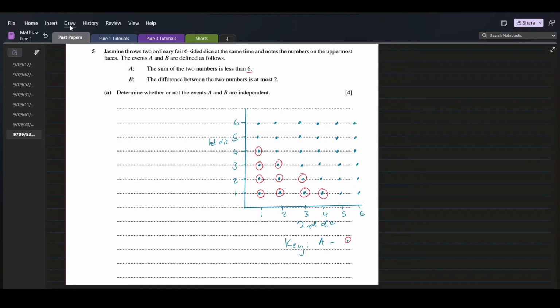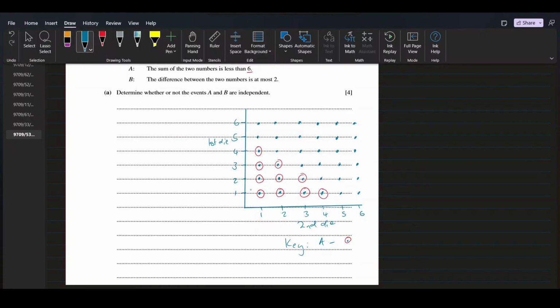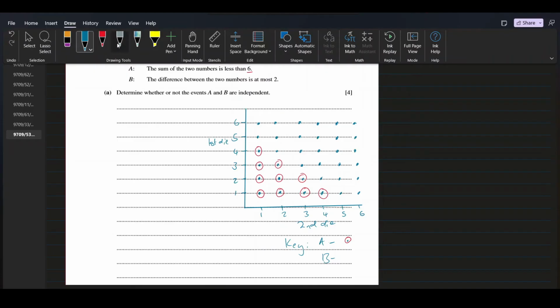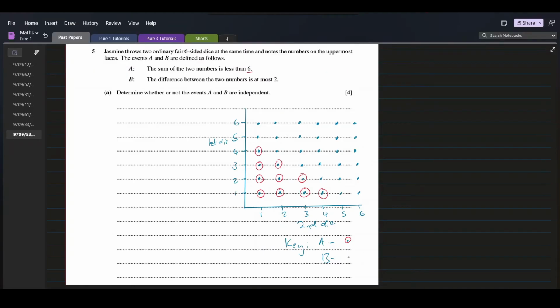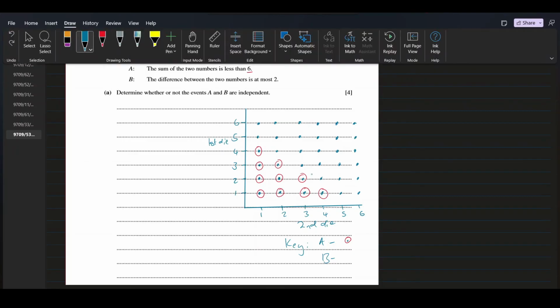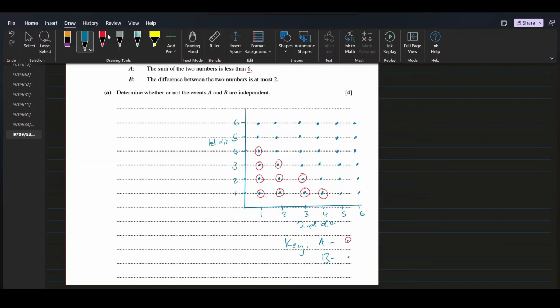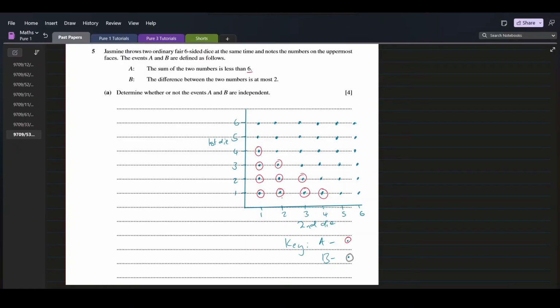Now let's write our key for B. B will be, let's use gray. So that's a blue dot encircled by a gray circle.